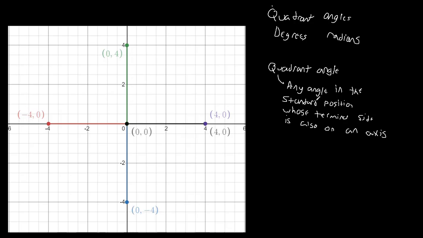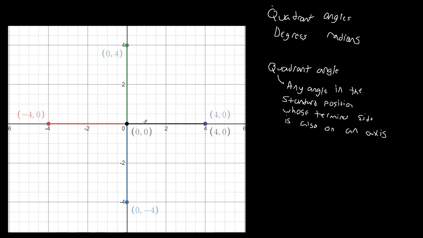Well, let's recap. What is the standard position? The standard position is basically just a way of saying that the initial side, which is the side that we start from when we measure our angle, is on the x-axis. It also means that the vertex, or the end point, the point that defines the angle, also lies on the origin. So assuming that the vertex is on the origin and the initial side is on the x-axis, that's what standard position says.